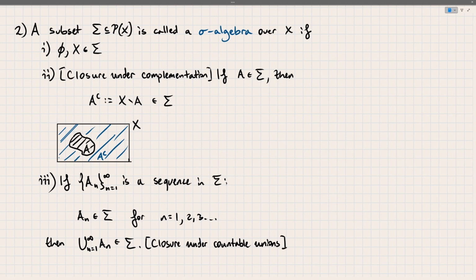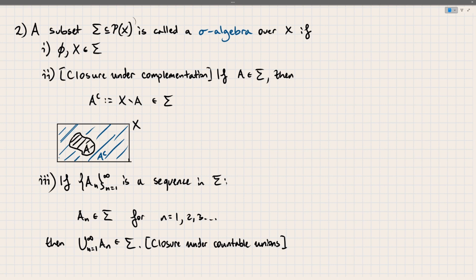So just to review what we've covered so far, a sigma algebra over X is a subset of its power set. A subset sigma of the power set of X is called a sigma algebra if it satisfies three conditions. The first, it contains the empty set and X. The second is that sigma is closed under taking complements.